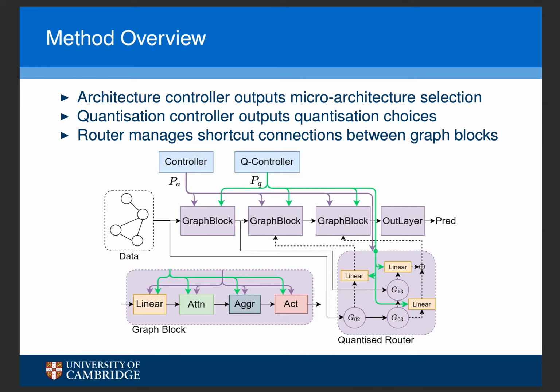For example, the router may choose to shortcut between graph block 0 and graph block 3, and this is purely determined by our search mechanism.